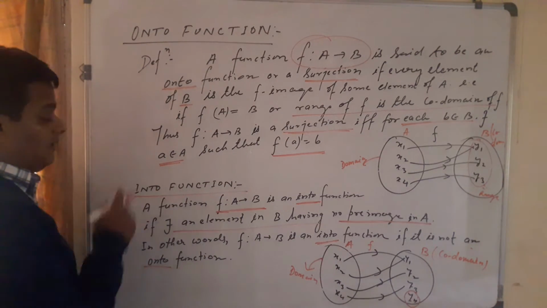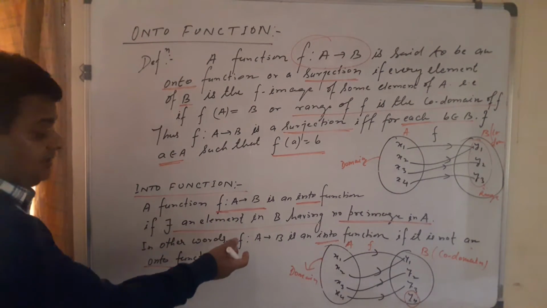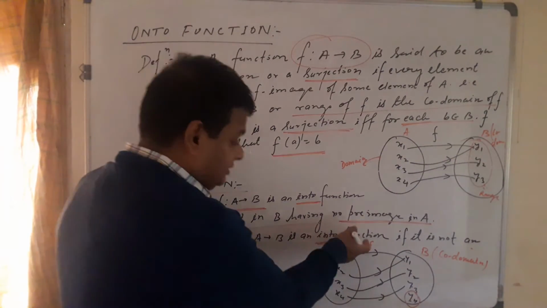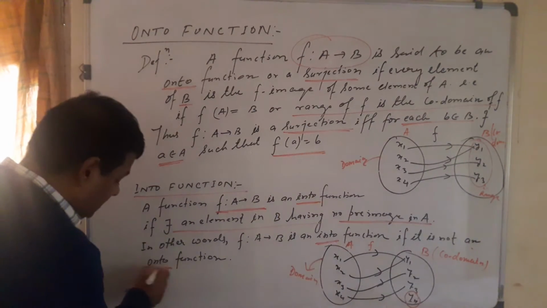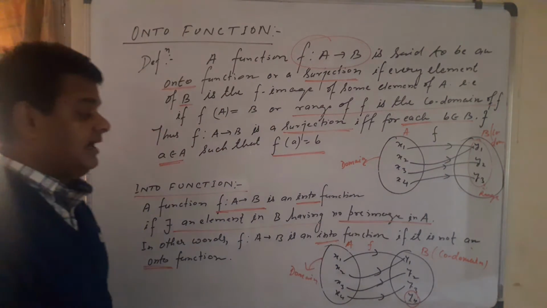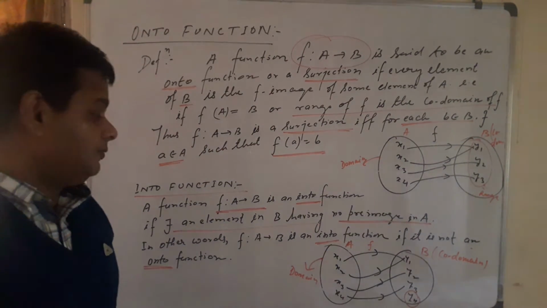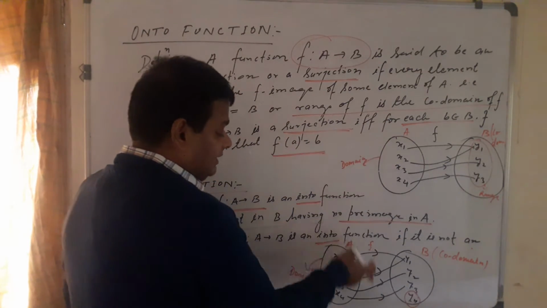Clear? Into function means, in other words, you can say f: A to B is an into function if it is not an onto function. If it is not an onto function, then we can say that it is an into function. See here, the difference between onto and into.